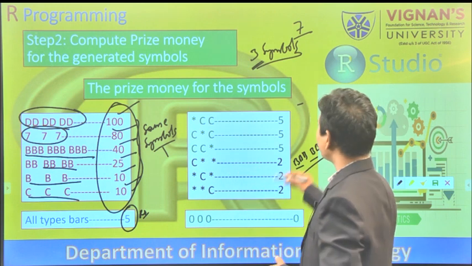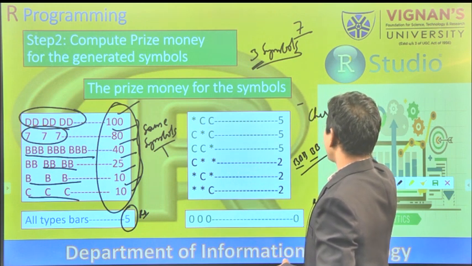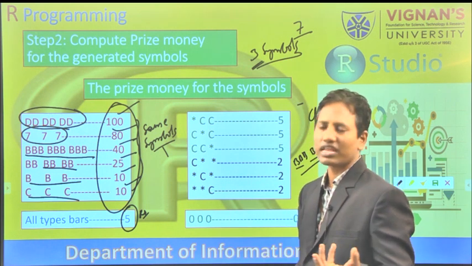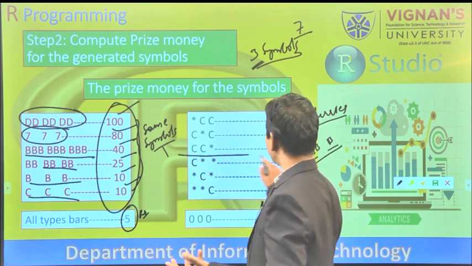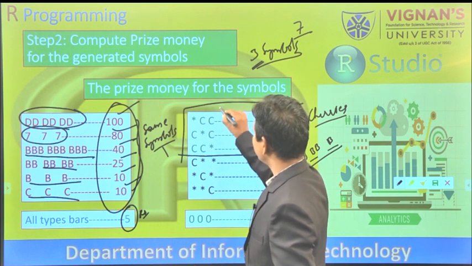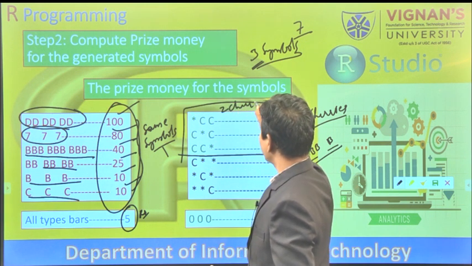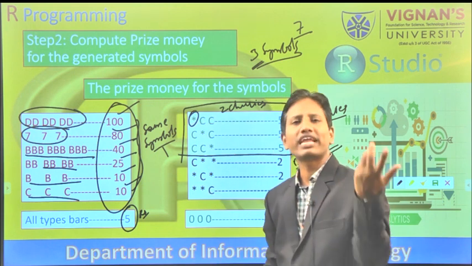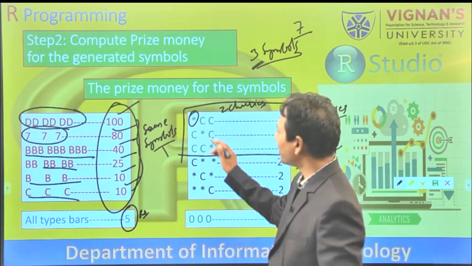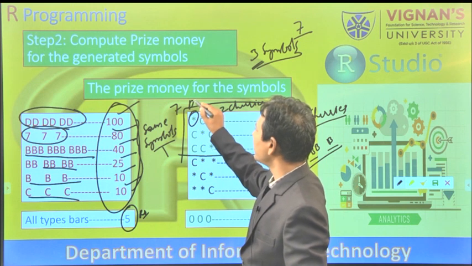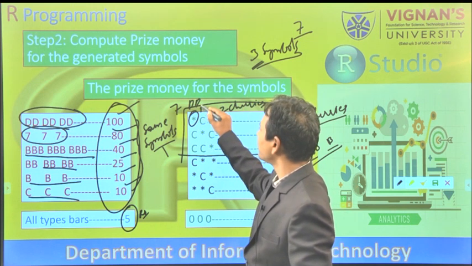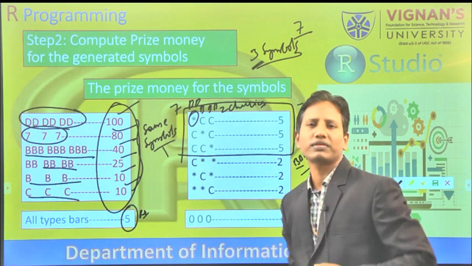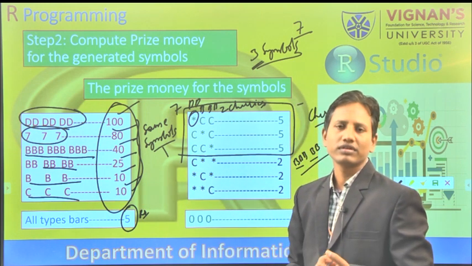Other than this, we have cherries, and these cherries may occur in different ways. This portion is for 2 cherries, and here, at this star, you may get any other symbol. Either you may get 7, DD, or single B or double B or triple B, any symbol you may get.